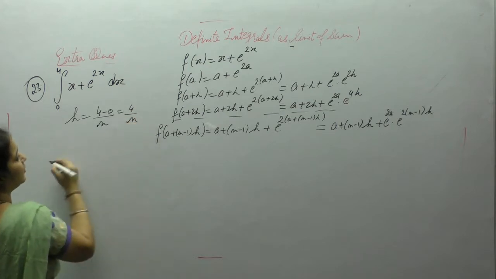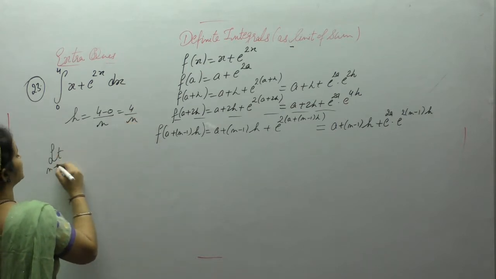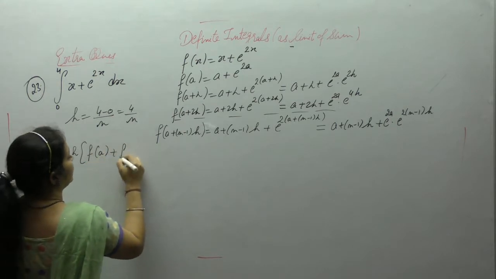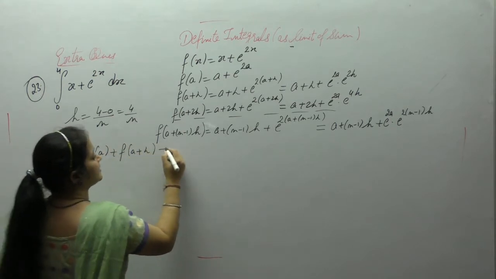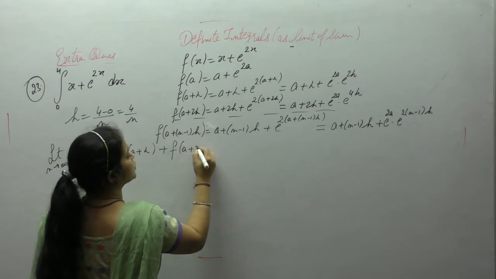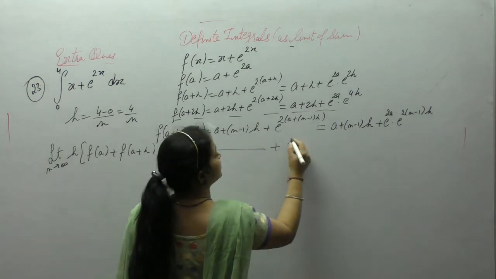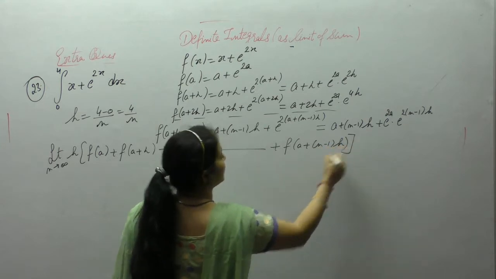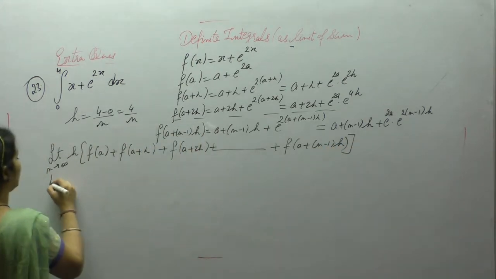Now apply the formula. Limit n tends to infinity, h times f(a) plus f(a plus h) plus f(a plus 2h) so on up to f(a plus (n minus 1) into h). Now put the values.